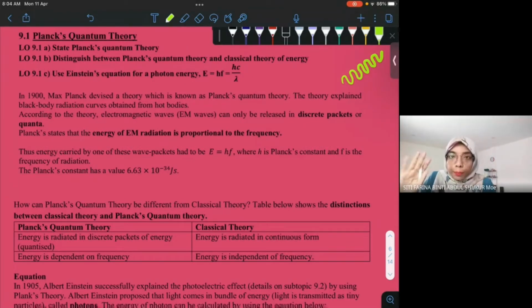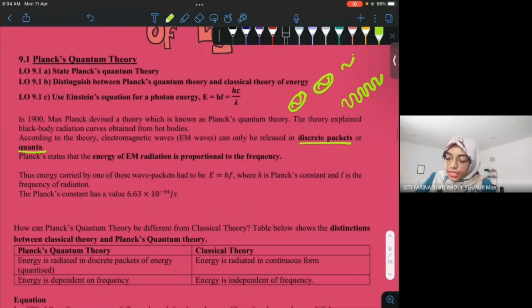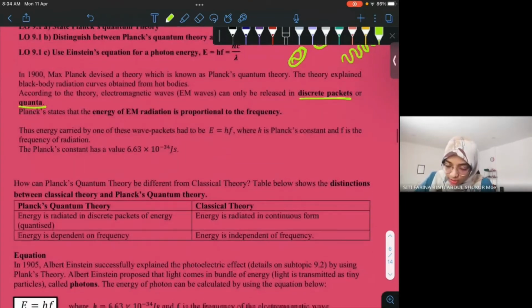However, according to Planck's theory, he concludes that they are no longer continuous, they are actually discrete packets ataupun kita panggil dia quanta. Contoh, kamu akan ada all these wave to be packed in a discrete packet. Maksudnya kita akan ada setiap wave kita ni macam dalam sebiji-biji ni lah. They are no longer continuous.